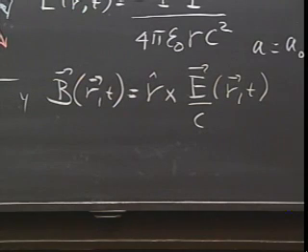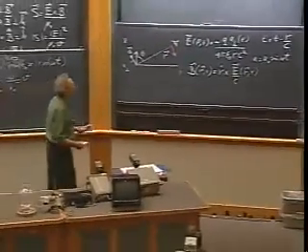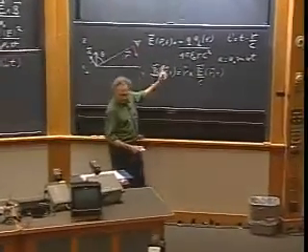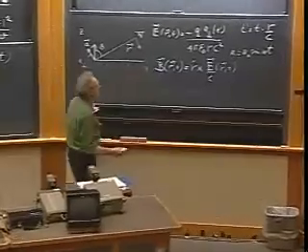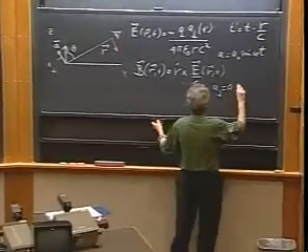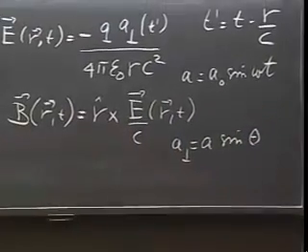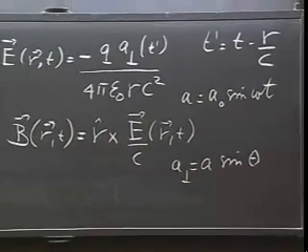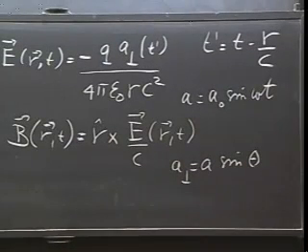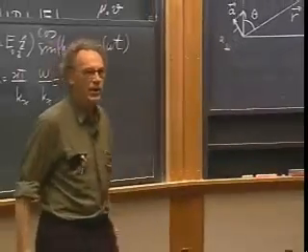So now comes an interesting point that we have stressed before, and that is that A perpendicular depends on theta. A perpendicular is A times the sine of theta. It is this component. And so you see that the magnitude of the E vector that you will see when you look at that charge will depend on where you are in space.